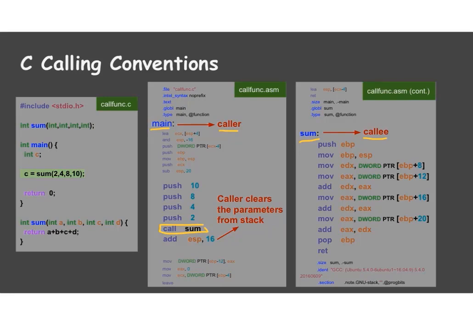Once we call this sum and we return to this line, then we clear up the stack, meaning that whatever we put in here on the stack, we simply point down the stack pointer to clear up these 4 elements on the stack. As you know, each element in the stack takes 4 bytes. That's the reason when we clear the stack, we multiply 4 elements by 4, and we come up with 16.